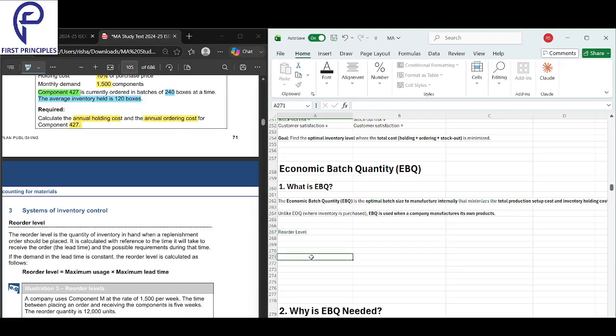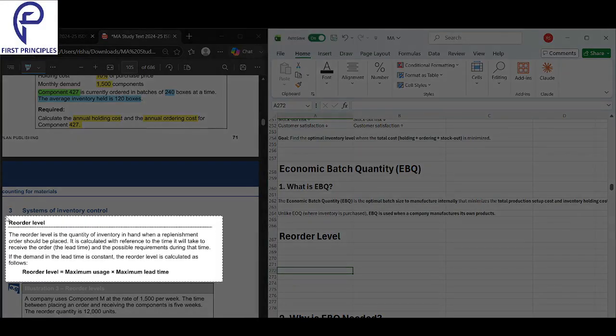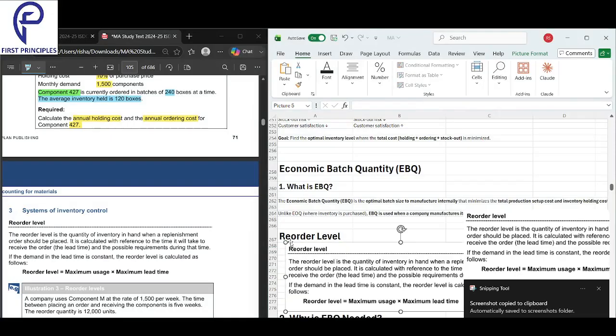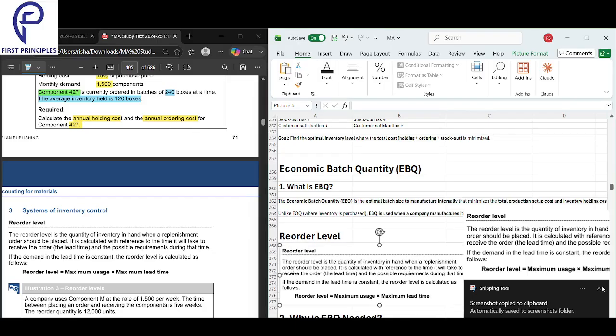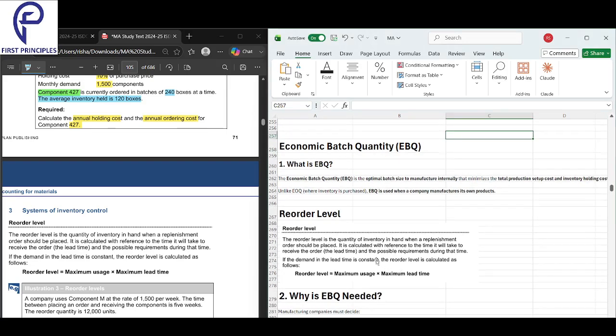Whenever I place a new order with a supplier, how much should be there already with me? That is your reorder level.